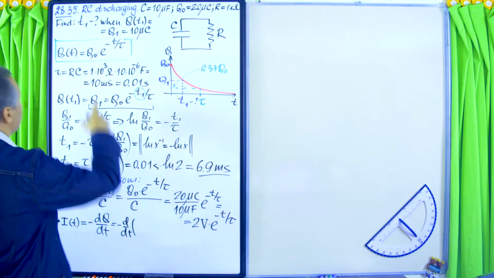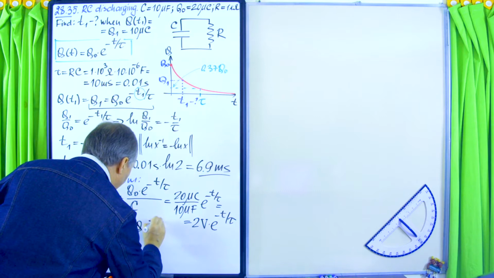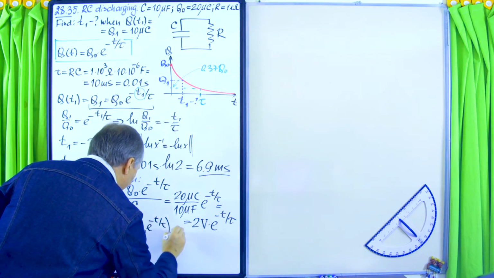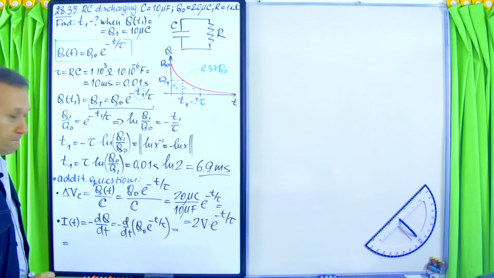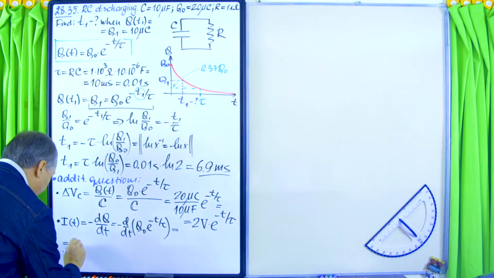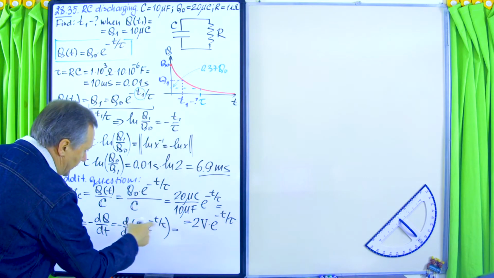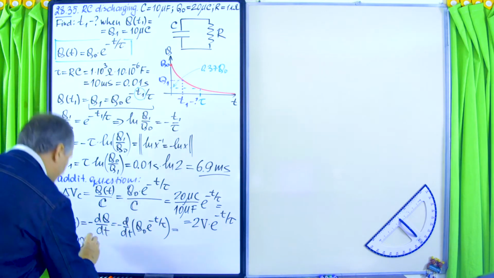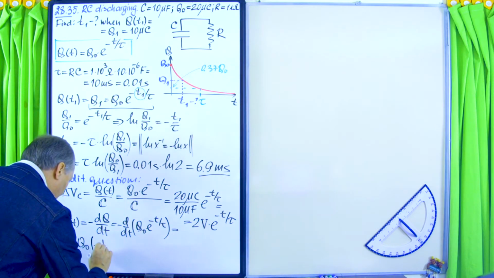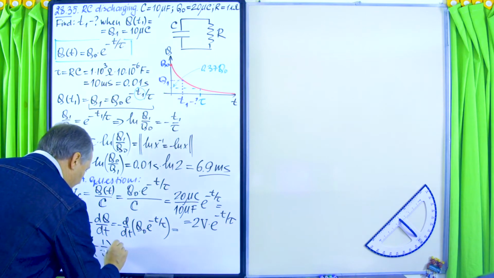So it will be minus d over dt of the function q naught e to the power of minus t over tau. Minus q naught stays in front. Then you differentiate e to the power, which gives minus 1 over tau, and the exponential function stays.